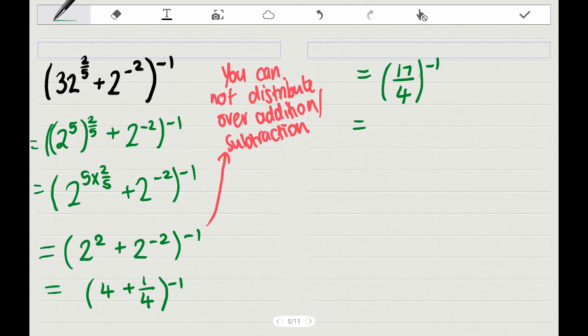Now we can distribute this minus 1 to the 17 and to the 4, because now what we have is multiplication or division being the operation, which is fine to distribute. So we have 17 to the power of minus 1 over 4 to the power of minus 1, and they both need to be swapped around.